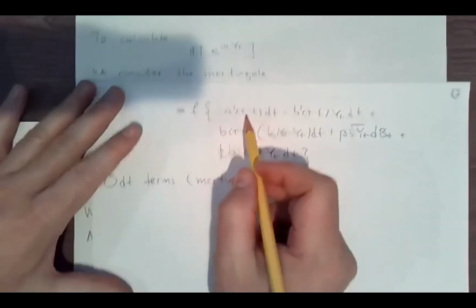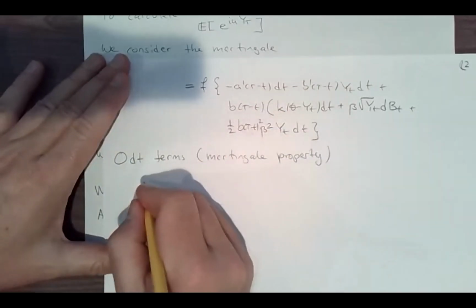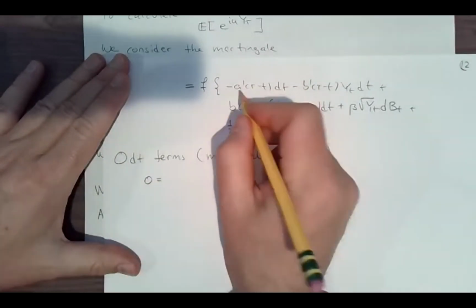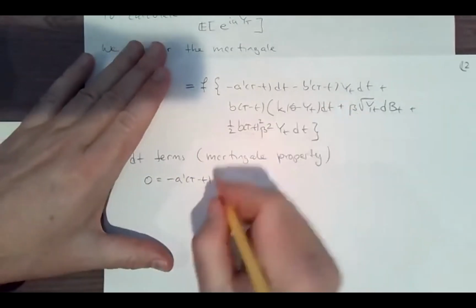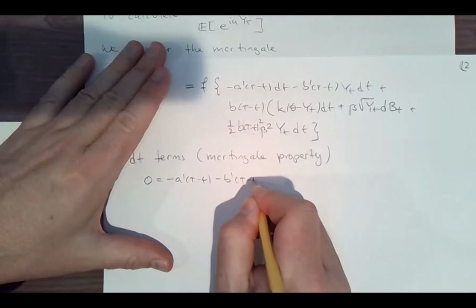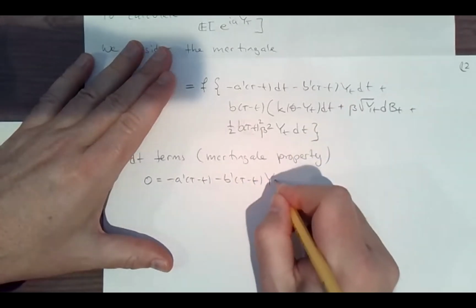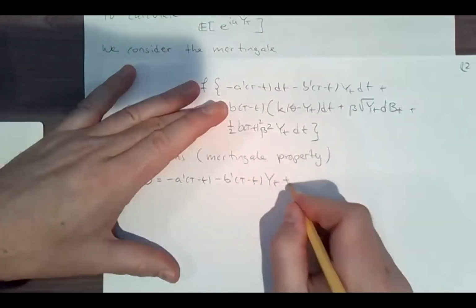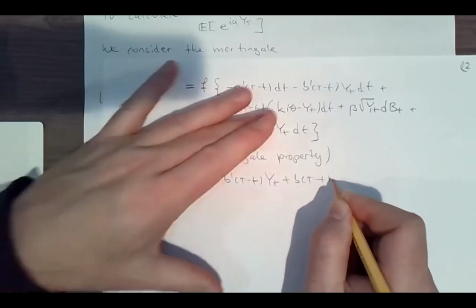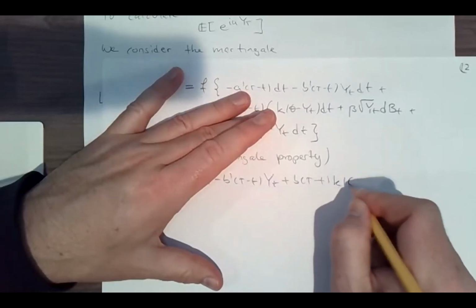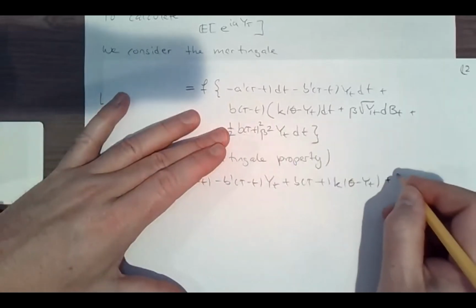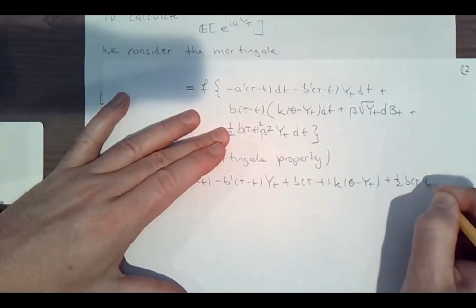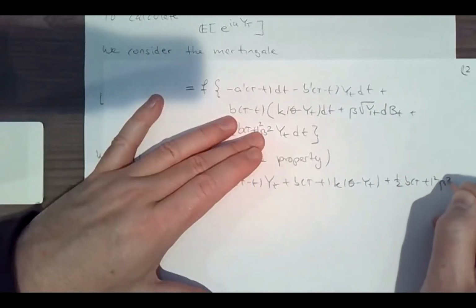And so we collect all the dt terms, put them equal to 0. 0 is equal to minus A prime of T minus t minus B prime of T minus t Y_t plus B of T minus t kappa theta minus Y_t. That was this guy, and then the last one, the variation term, beta squared Y_t.